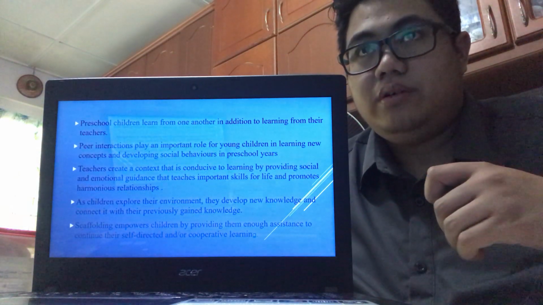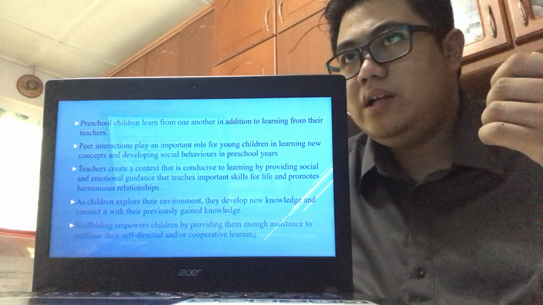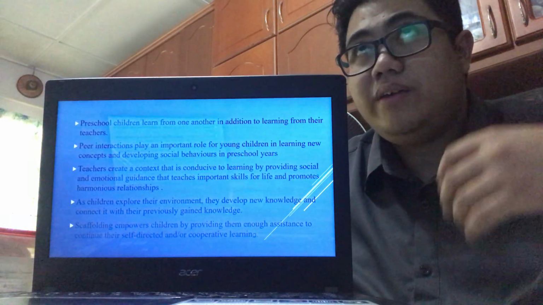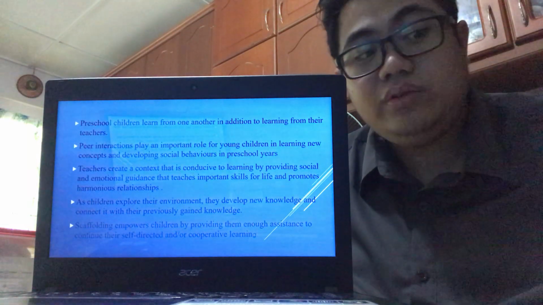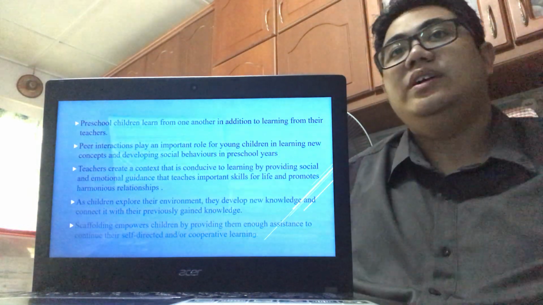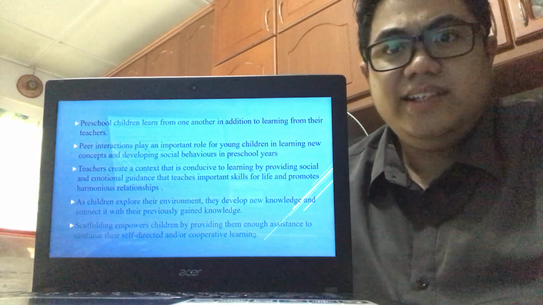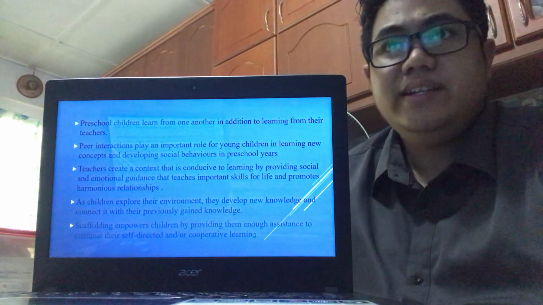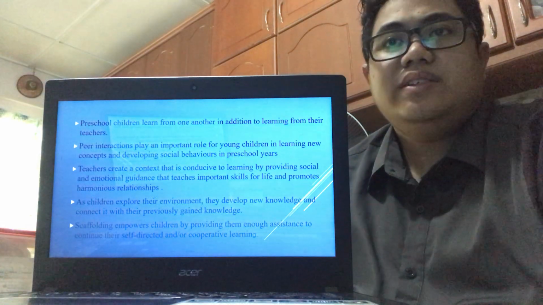We need to focus, and we can relate this with children's milestones, what they should learn based on what is age appropriate. The teacher creates a context that is conducive to learning by providing social and emotional guidance that teaches important skills for life and promotes harmonious relationships.